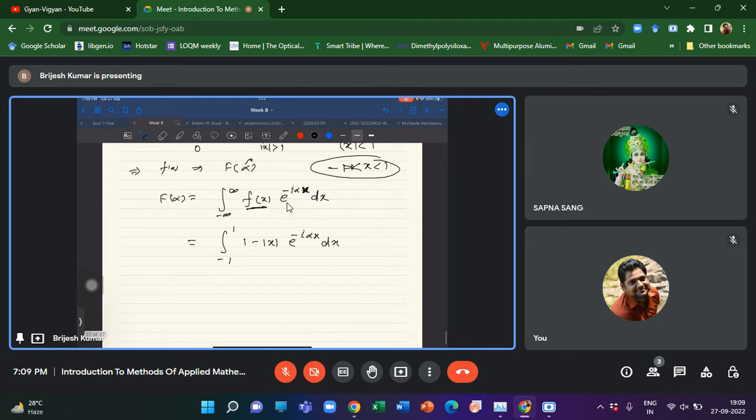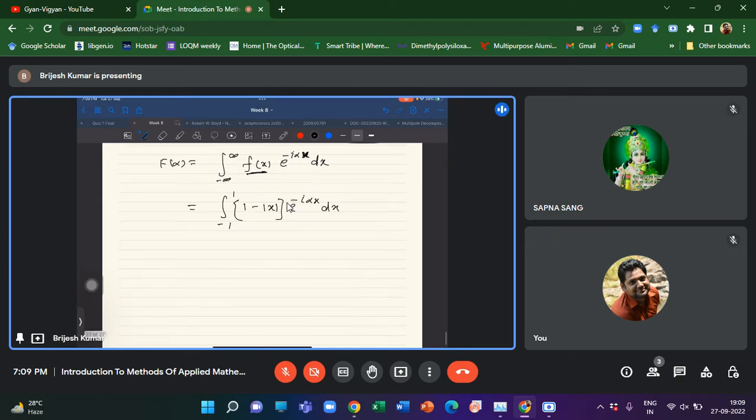Now, what will be the definition of 1 minus mod x? This will be 1 minus x when x is less than 0, and 1 plus x when x is greater than 0. Do you understand this?